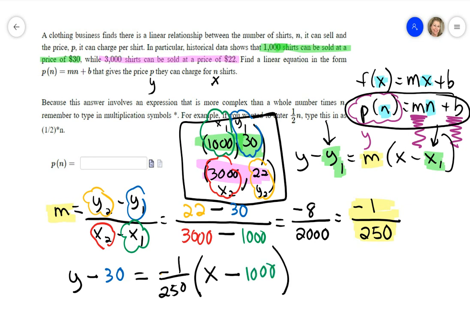All right. But now all I have to do is distribute and add over the 30 to get y by itself. And then remember, y is really p sub n.